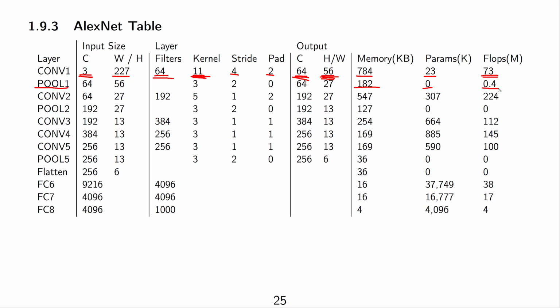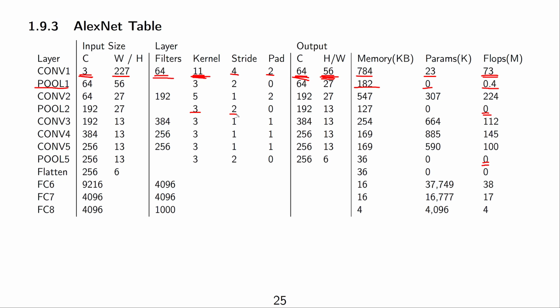In fact, this number is so small that it is approximated by 0 in other layers. This doesn't mean that there's no computation going on, that just means it's rounded down to 0. So again, we see this idea to have pooling layers with a kernel size of 3 and a stride of 2. This was an idea maybe advocated back then, not an idea that survived the test of time.